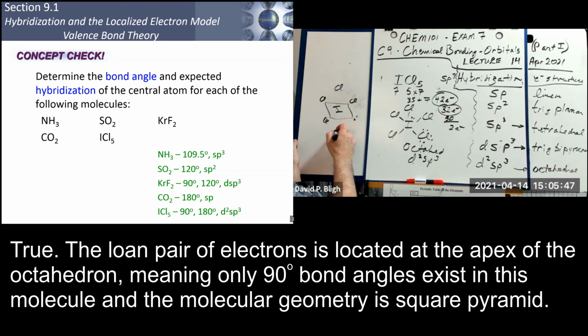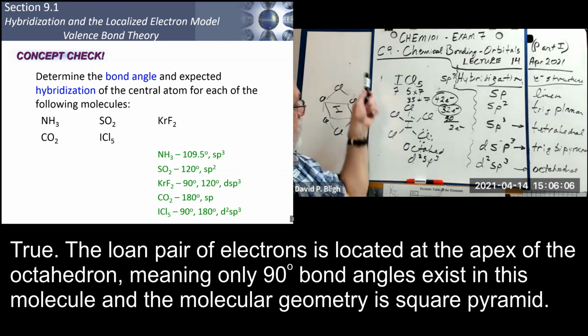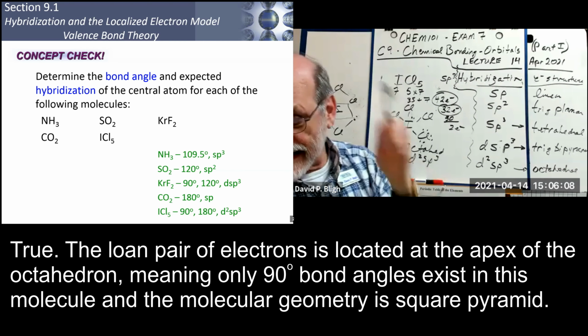One, two, three, four, like that, to make your octahedron. Then you got 90 degrees here, 90 degrees there, and 180 degrees there. If you put the lone pair on the square, if you put the lone pair up here, then you've only got 90 degrees.